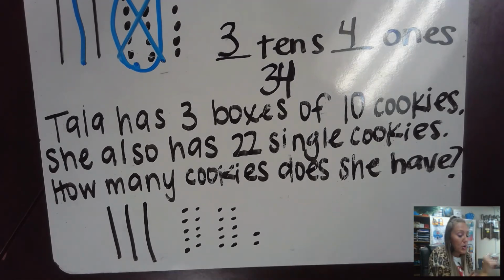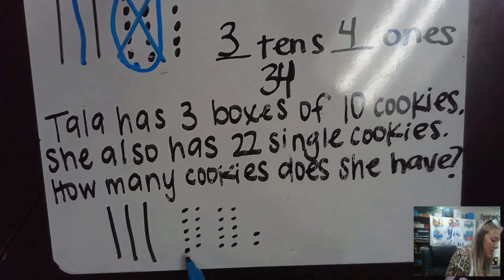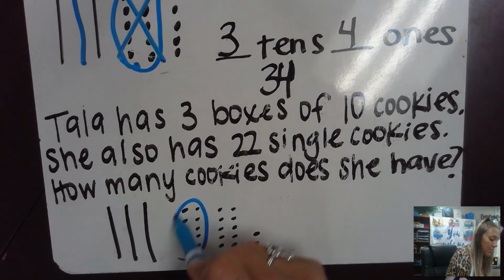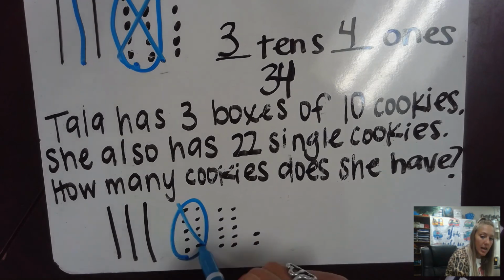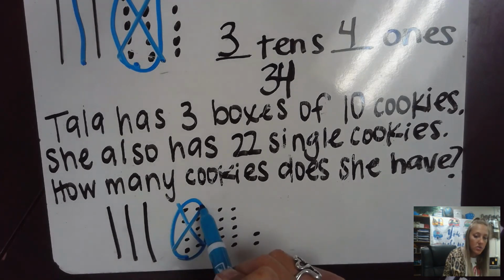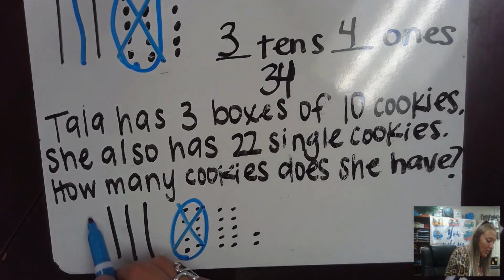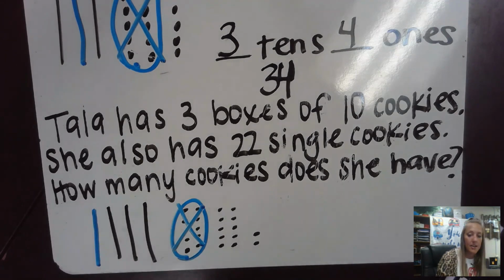Okay, so do you see where I could trade out some of my single units for more tens? I hope so. There's 5 and 10 right there. I'm going to trade that out. Buy single units. Hello, 10. And I'm going to do the same thing right here because I've got 5 and 10.